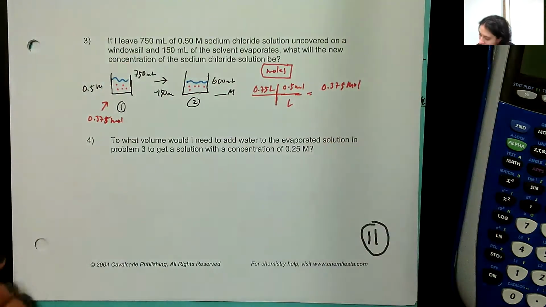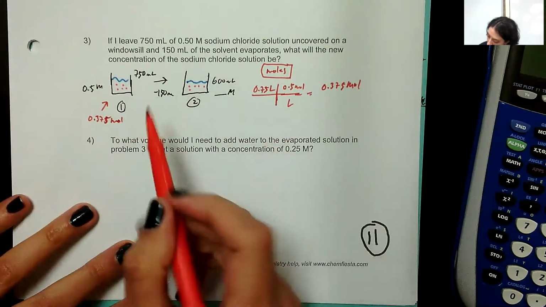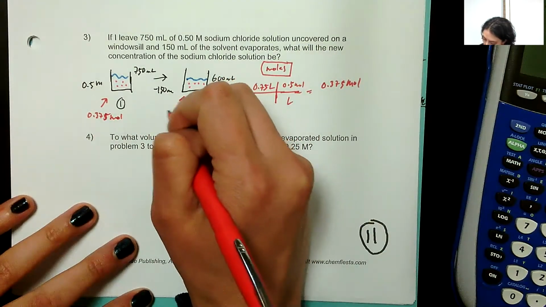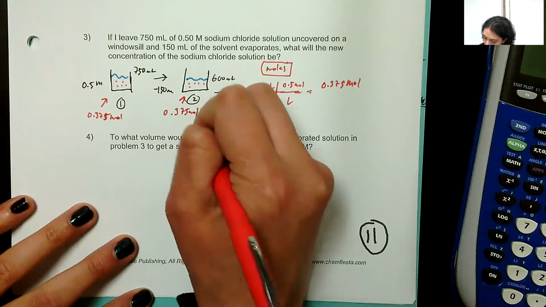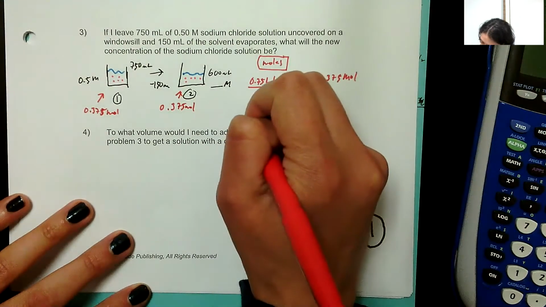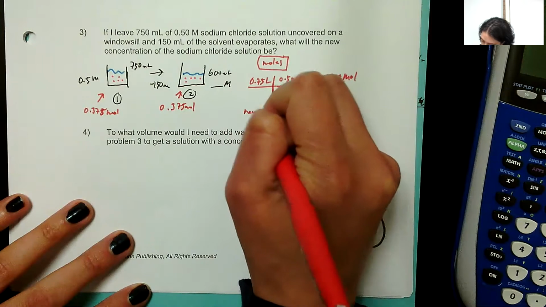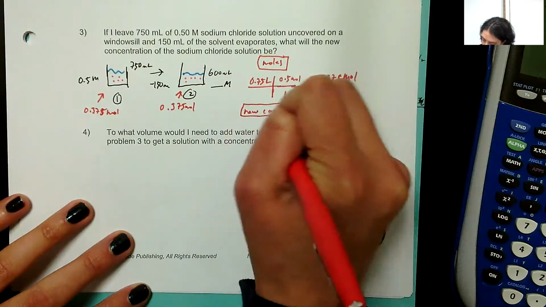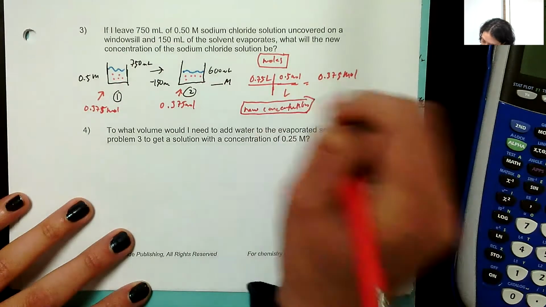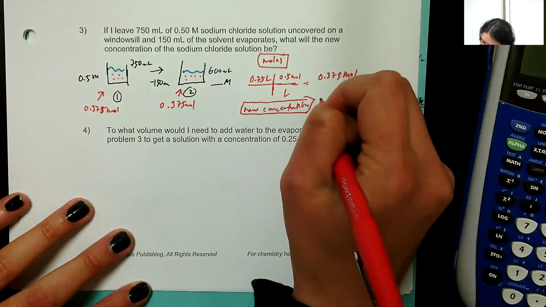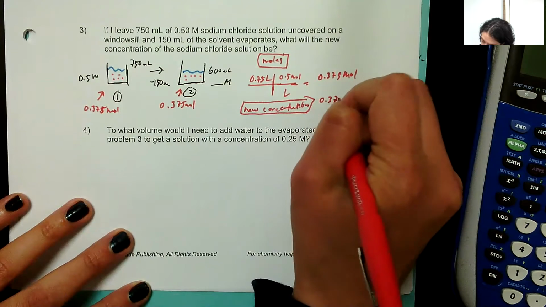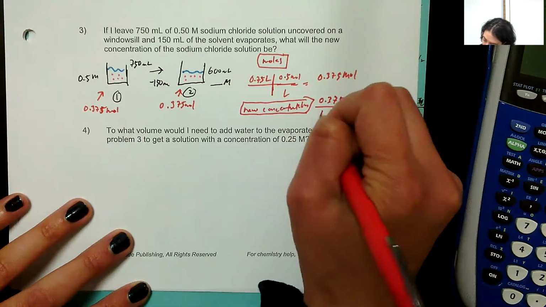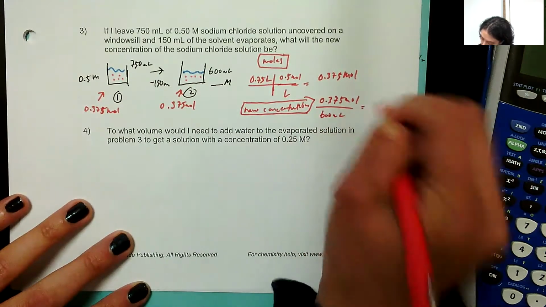Sorry, moles, not molarity, moles of sodium chloride. So there's also going to be 0.375 moles in the second scenario. So let's solve for the new concentration, which is what we're actually solving for. The new concentration is going to have to be that number of moles, but our new volume is 600 milliliters.